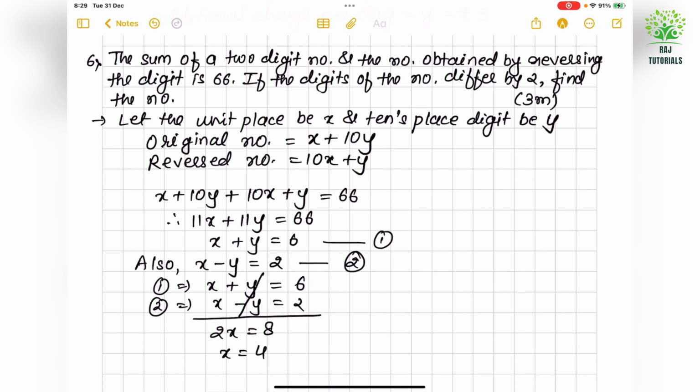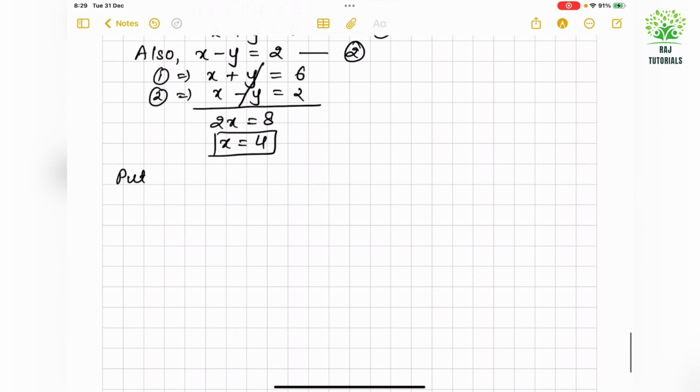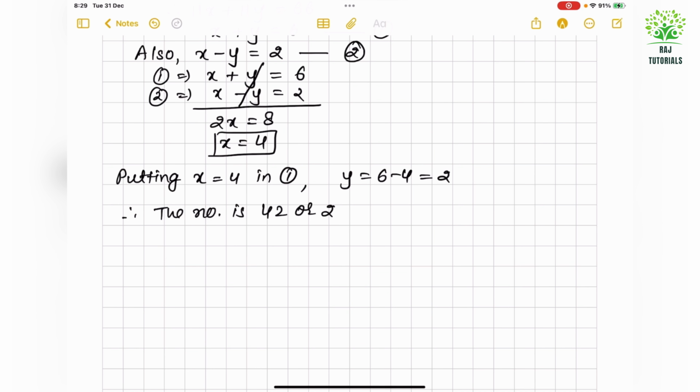So x equal to 4. Putting x equal to 4 in 1, y will be 6 minus 4, which is equal to 2. Therefore, the number is 42 or 24.